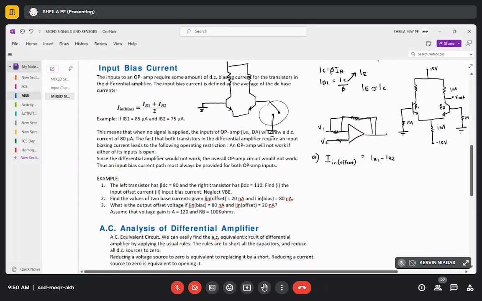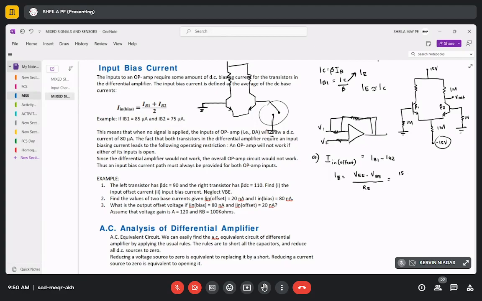Remember, we can find our IE or our tail current, or IT in some textbooks, that would be VEE minus VBE over RE, right? What's our VEE? That's 15 here. 15, it's not negative, plus we're not looping.